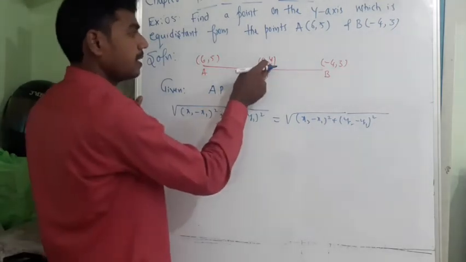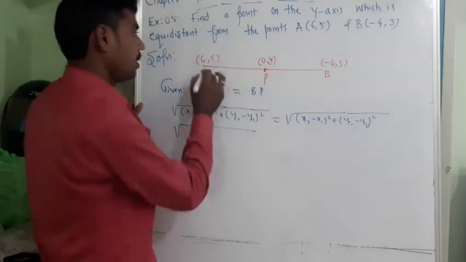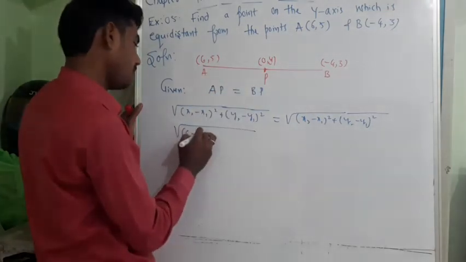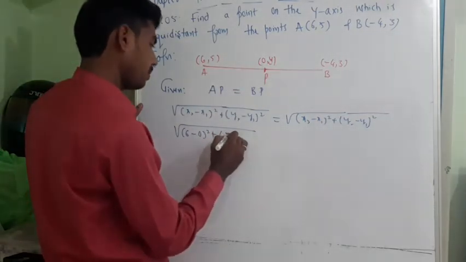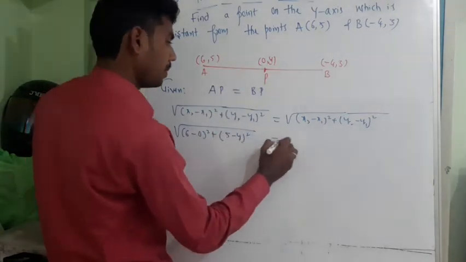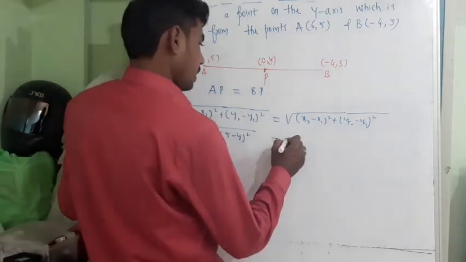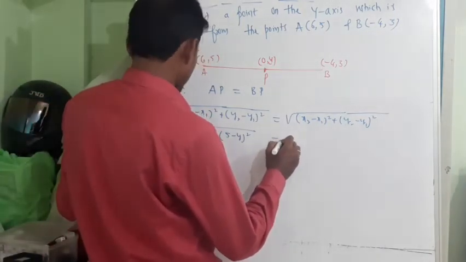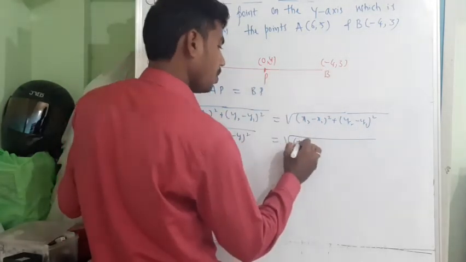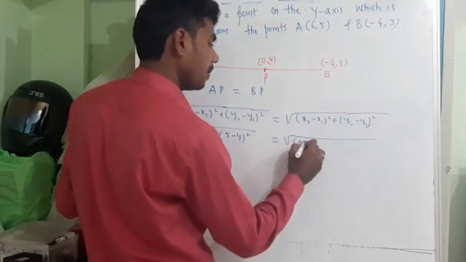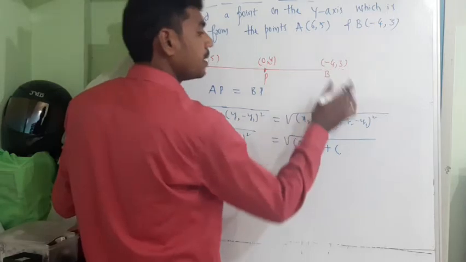So suppose I consider this as x1, y1 and this as x2, y2, then (6 minus 0) whole square plus, we need to follow the order, (5 minus y) whole square. Next, 0 minus of minus 4 is nothing but 0 plus 4 whole square plus (y minus 3) whole square.